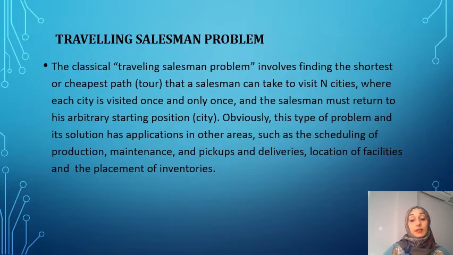The classical traveling salesman problem involves finding the shortest and cheapest path that a salesman can take to visit n cities, where each city is visited once and only once, and the salesman must return to his starting point.